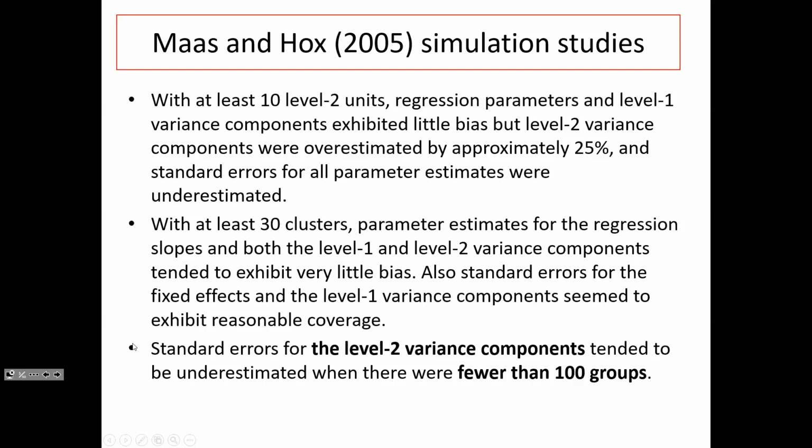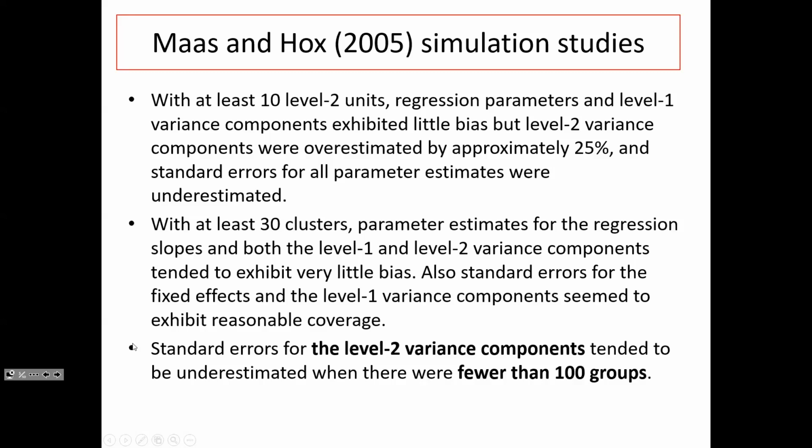They found that with at least 30 clusters, the parameter estimates for the regression slopes and the level 1 and level 2 variance components tended to exhibit very little bias. So now my variance components are pretty trustworthy, and my fixed effects are pretty trustworthy, and the standard errors for the fixed effects also had very little bias.